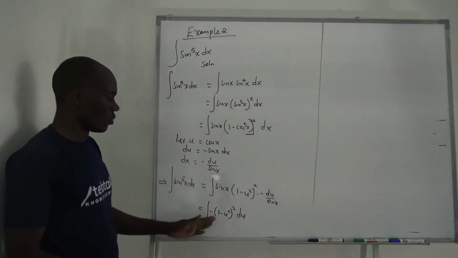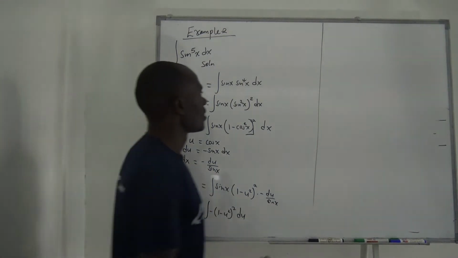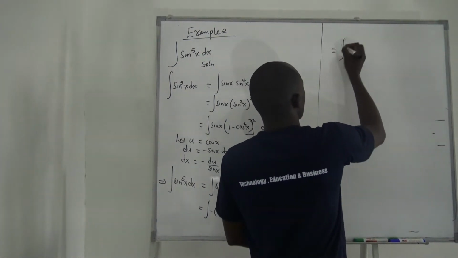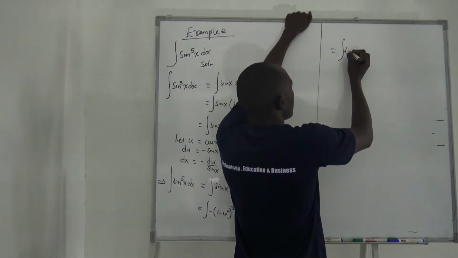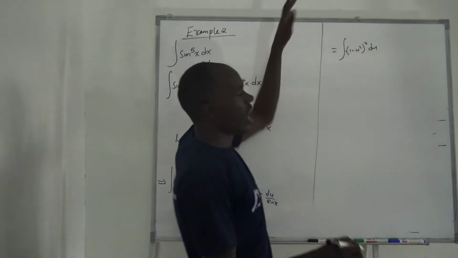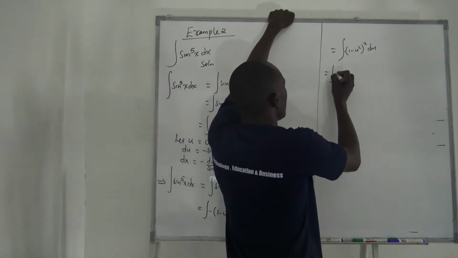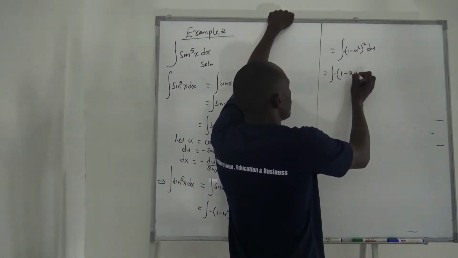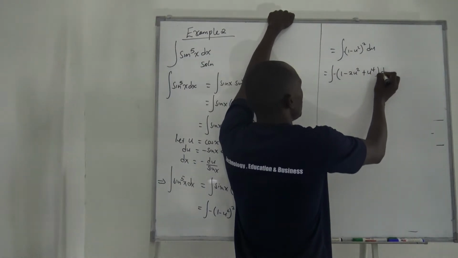So we expand that. How do we expand that? This becomes integral of negative into 1 minus 2u squared plus u power 4 du.